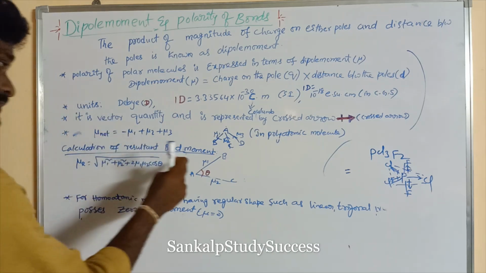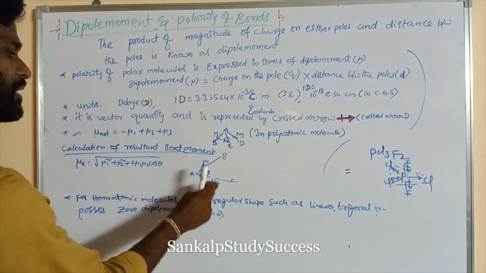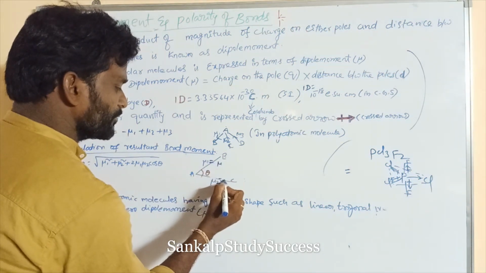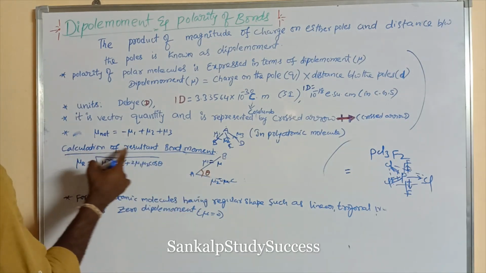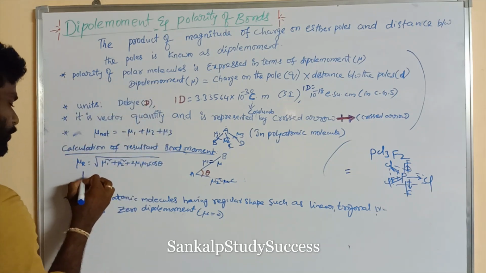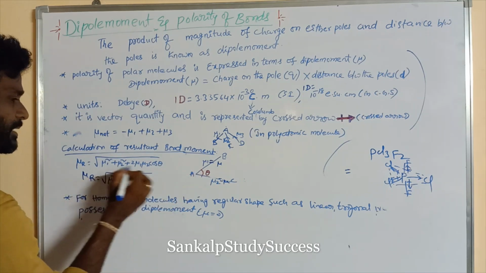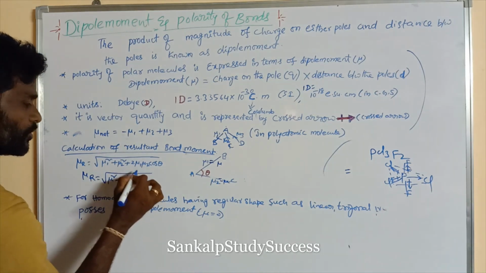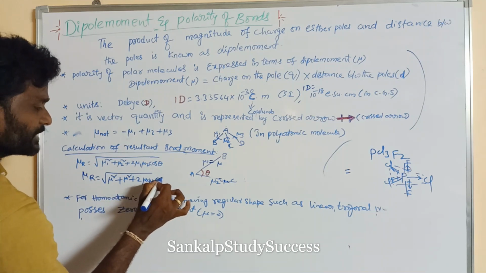If the dipole moments mu1 and mu2 are the same, that means this is equal to mu and this is equal to mu, both are the same, then the resultant dipole moment mu r is equal to the square root of mu square plus mu square plus 2 into mu into mu cos theta, right?